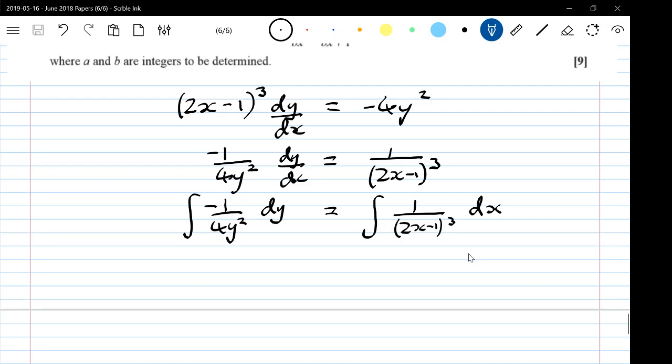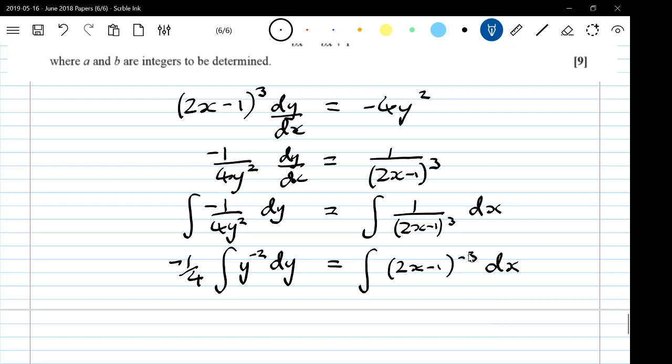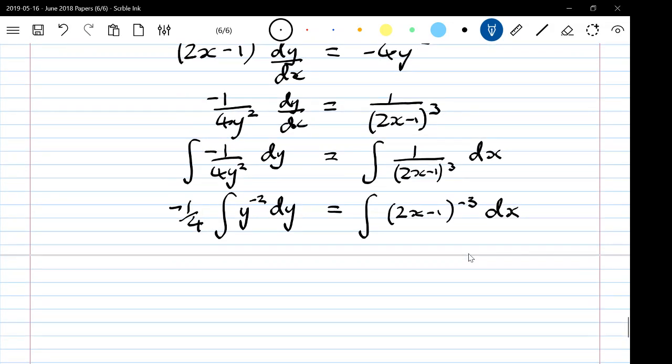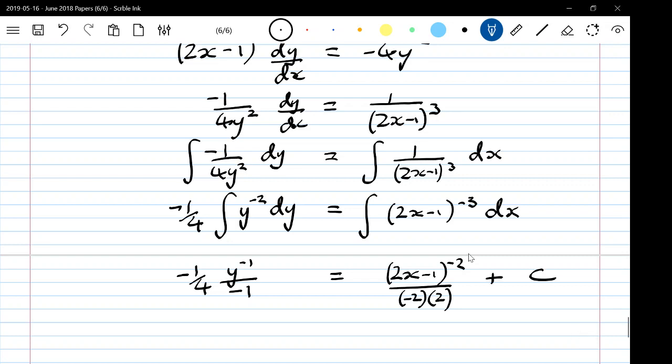You might want to think of these as being minus a quarter times the integral of y to the minus 2 dy. And you might want to think of this one as being 2x minus 1 to the minus 3 dx. Because that, I think, puts it in a more familiar form. You add 1 to the power and divide by the new power, but also by the coefficient of x. And we have to write plus c, because we've just integrated without there being limits.